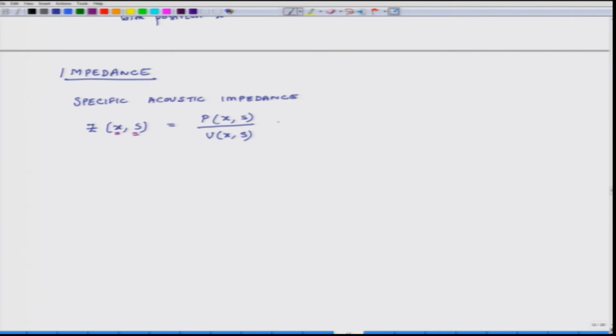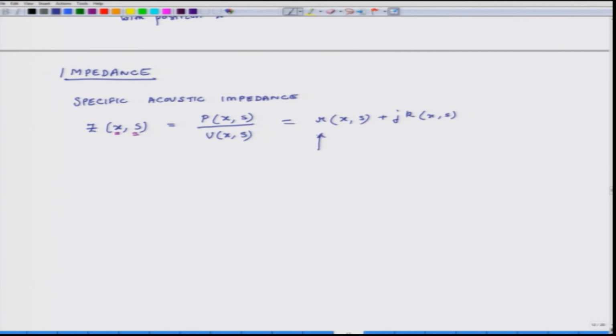So, this will be a complex function, and I can also express this complex function as a function with a real part. So, I call it r, which depends on x and s, and a function with a imaginary part which also depends on x and s.